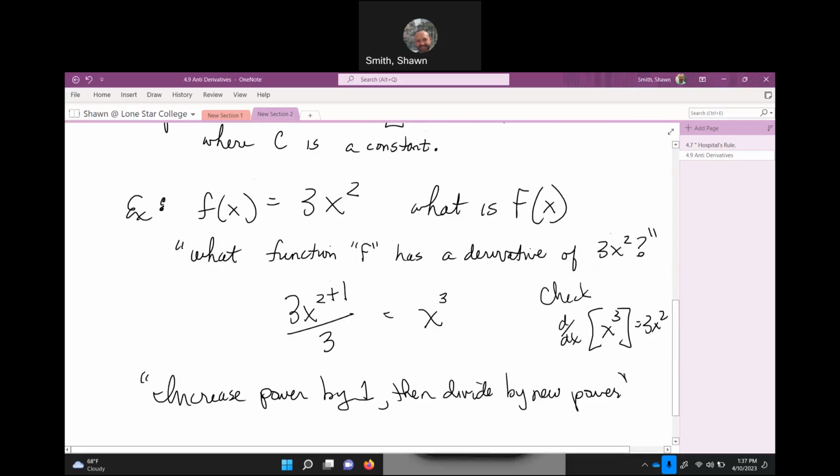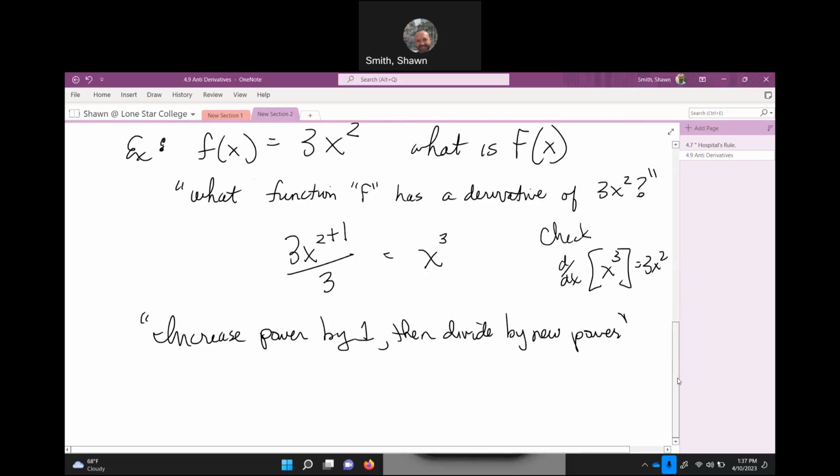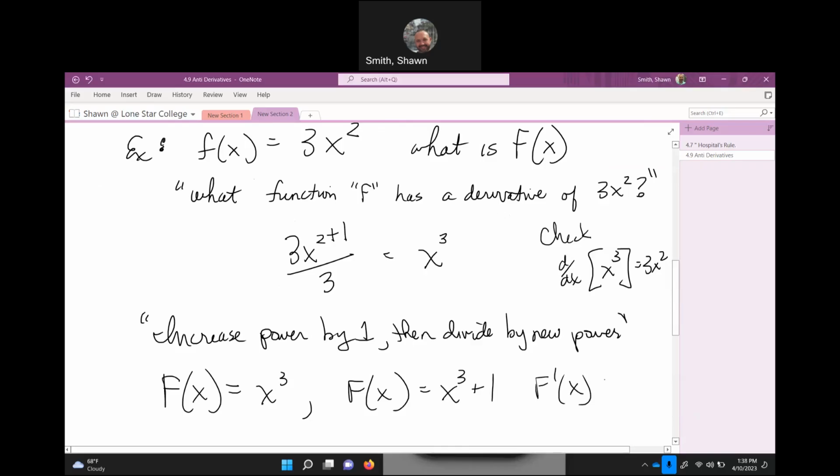Is that the only antiderivative? The only thing that differs between antiderivatives is the constant. So our cap F of x could be x cubed. Our cap F of x could be x cubed plus 1. Our cap F of x could be x cubed plus 100.